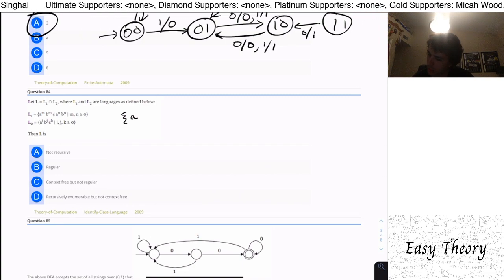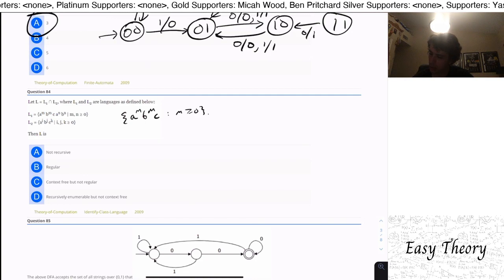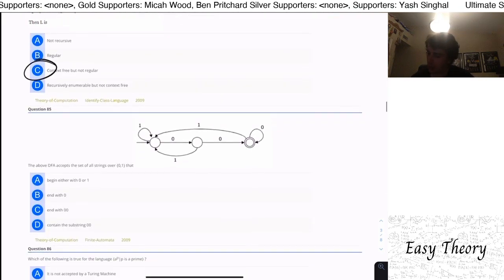So that's A to the M, B to the M, C, where M is at least 0, I think. And that's context-free but not regular.